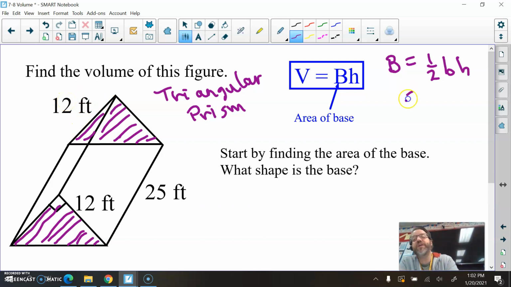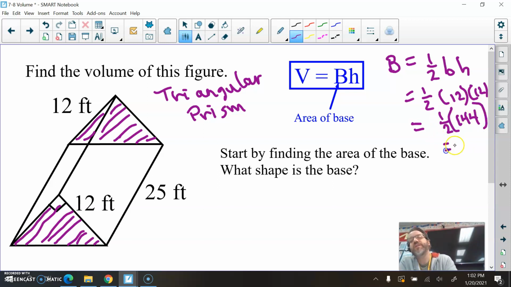So the area of the base is 1/2 times 12 times 12. All right, 12 times 12 is 144. We then want to find half of that, and you can divide it by 2 to get half of it, and it equals 72.